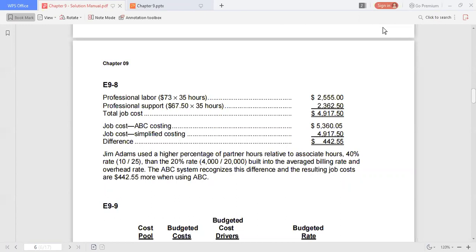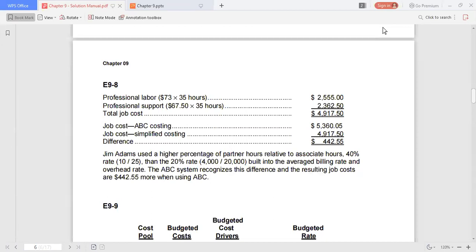So the total job cost is $4,917.50. Then the job cost under activity-based costing is $5,360.05. Under simplified, it's $4,917.50. There's a difference of $442.55.